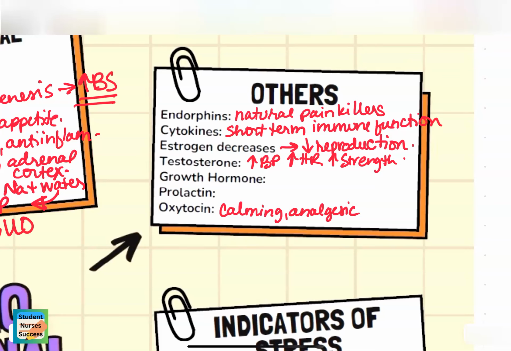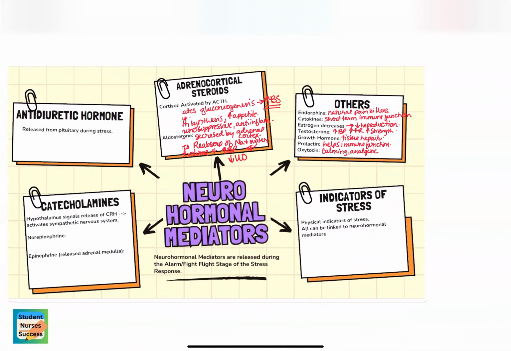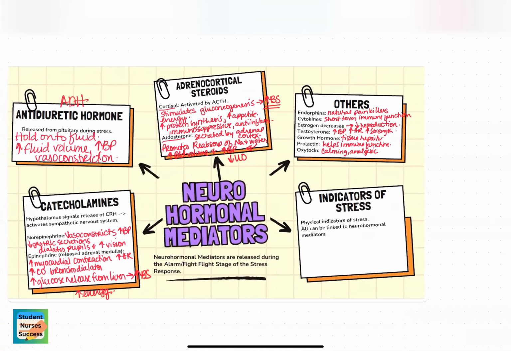We know growth hormone is helpful in tissue repair during fight or flight. And prolactin actually also helps immune function.